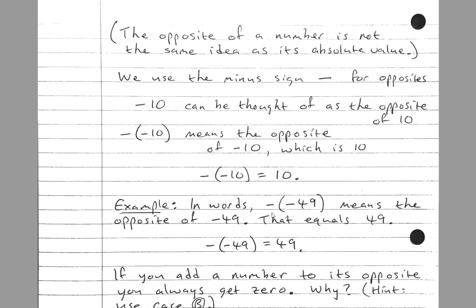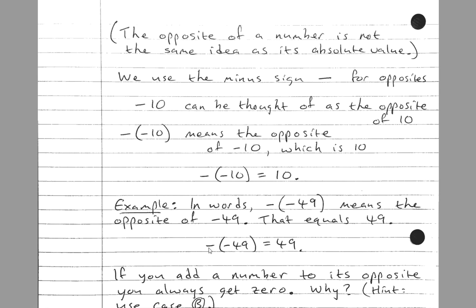Another example. In words, how would you read this? It's the opposite of negative 49, and that's equal to 49. So if you switch the sign on negative 49, you get 49.